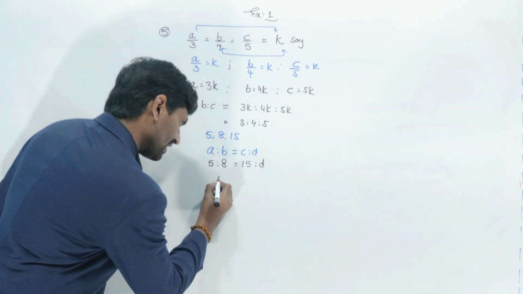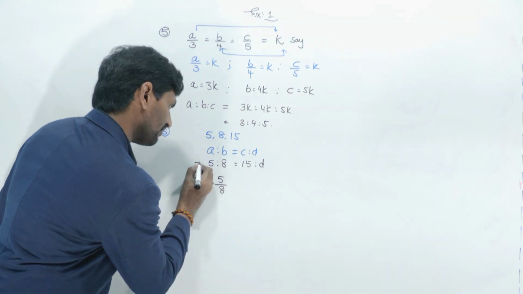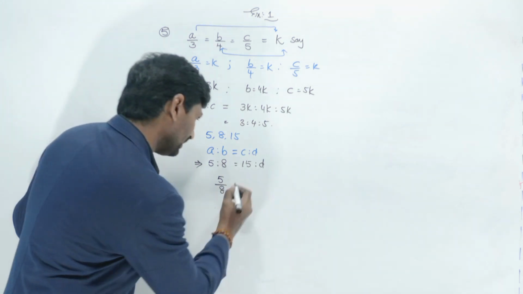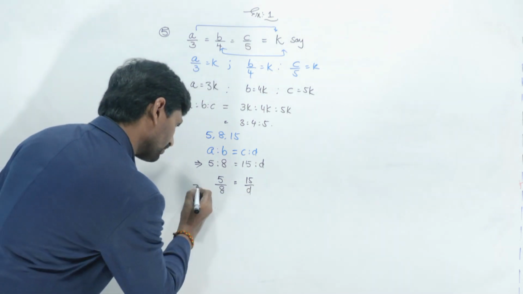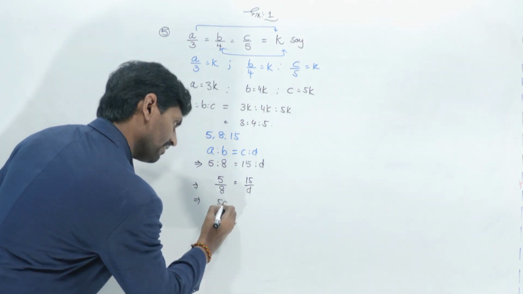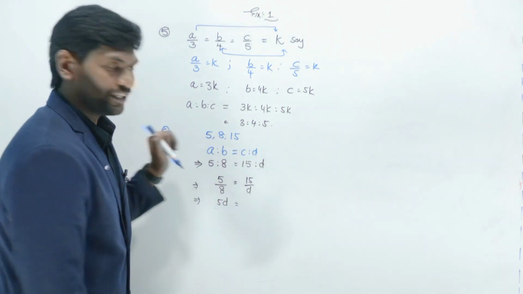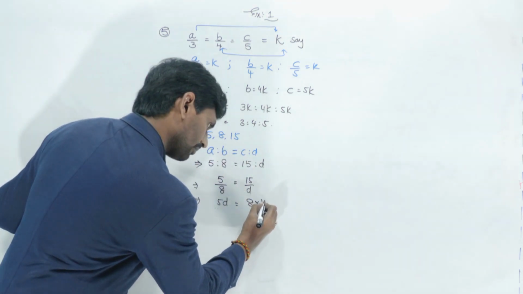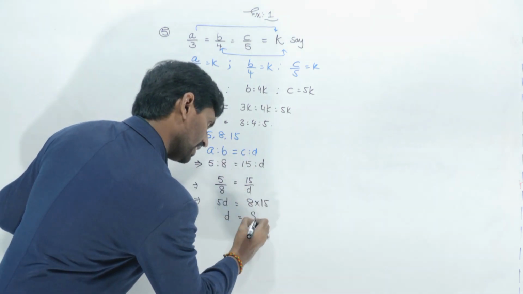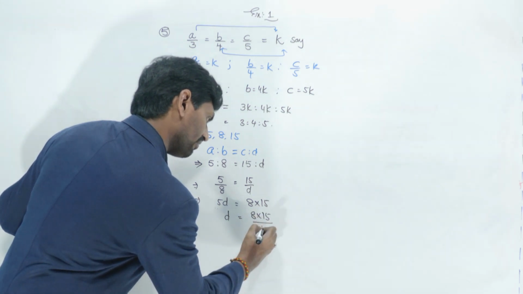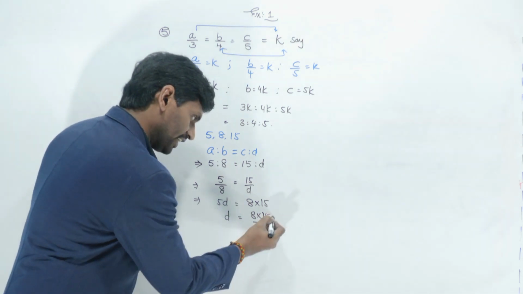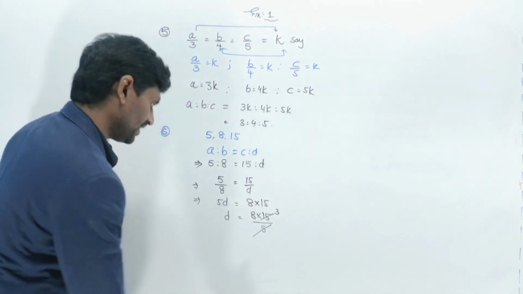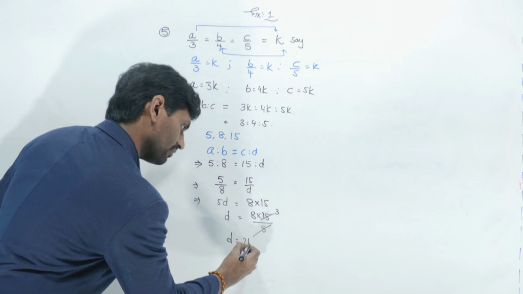As we discussed in earlier classes, 5 is to 8 I can write as 5 by 8 and 15 is to D I can write as 15 by D. Do cross multiplication of both. 5 into D is equal to 8 into 15. Now D value will be 8 into 15 by 5. 5 table in 15, 3 times. 8 3s are 24. So D value is 24.